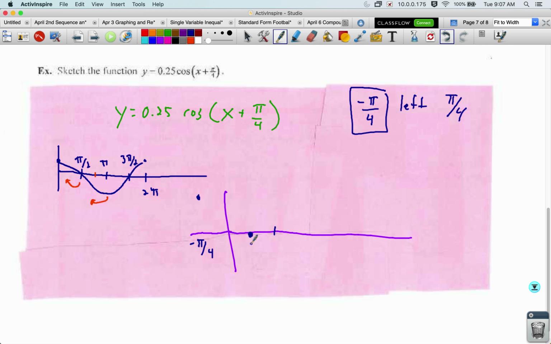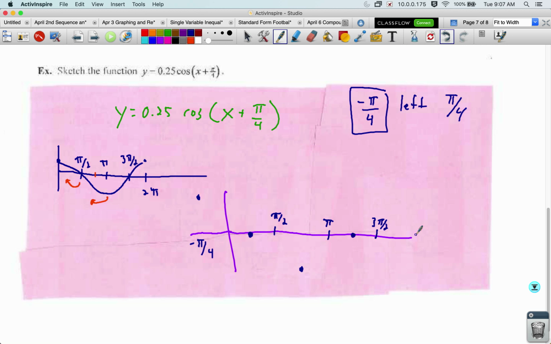I still want to keep that pi over 2 label. The minimum was at pi, so it was right over here, but it got moved over to 3 pi over 4. Then this was 3 pi over 2.